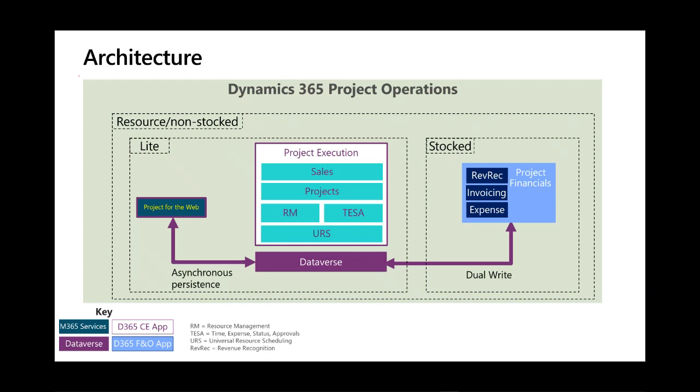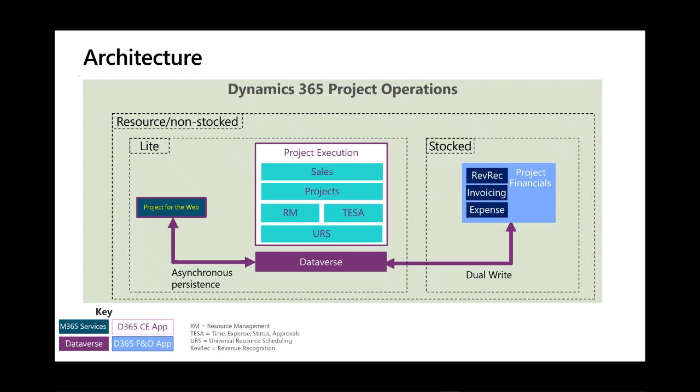And that's illustrated here in our picture in the left-hand section there, where you have our project execution app, the CE app, built on top of Dataverse. And we have Project for the web. Its user interface is wrapped in the projects module of the customer engagement app. And then the Project for the web scheduling engine persists its data asynchronously into Dataverse.